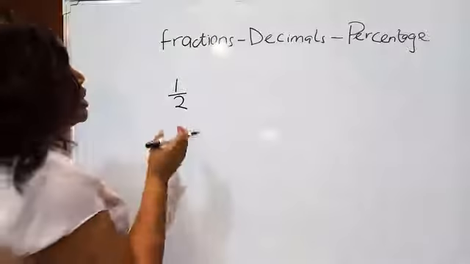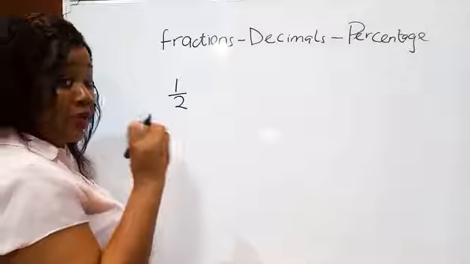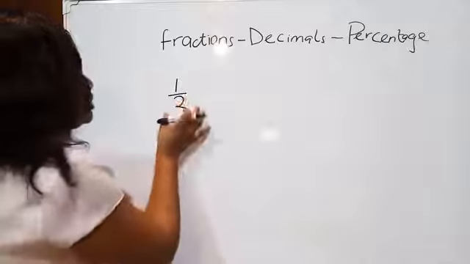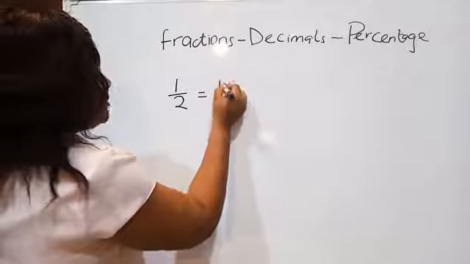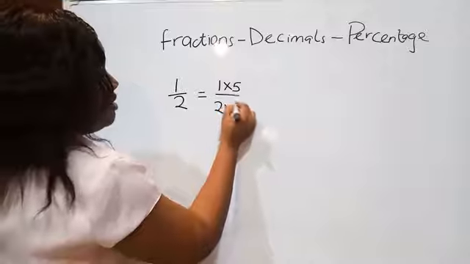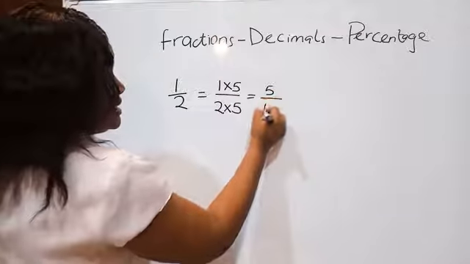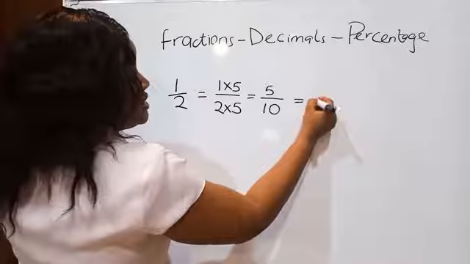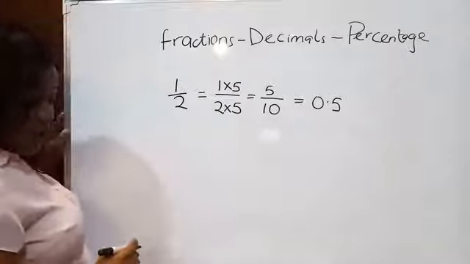You try to find an equivalent fraction of 1/2 that has a power of 10 as the denominator. 1/2 is the same thing as 1 times 5 over 2 times 5. Of course, we know that 2 times 5 is 10, so you have 5 over 10, and 5 over 10 is automatically 0.5.